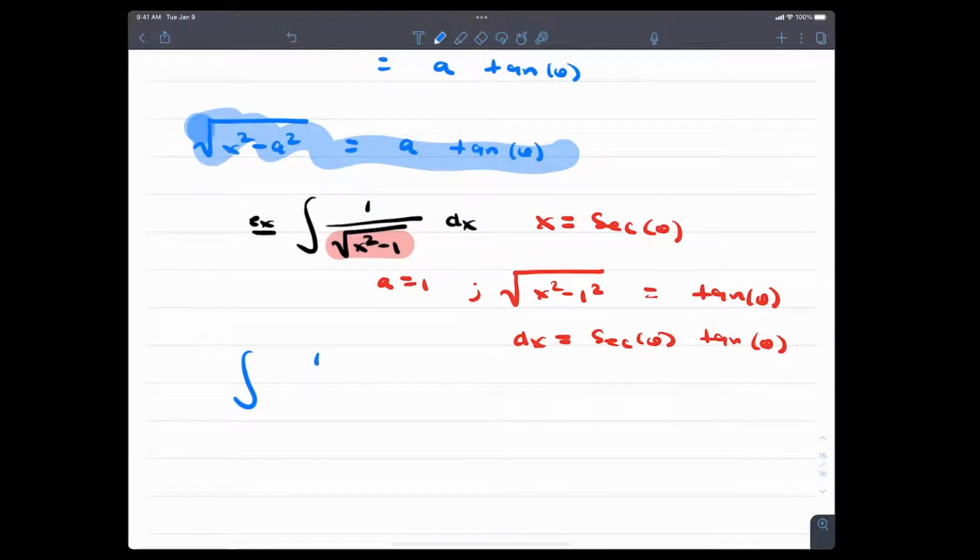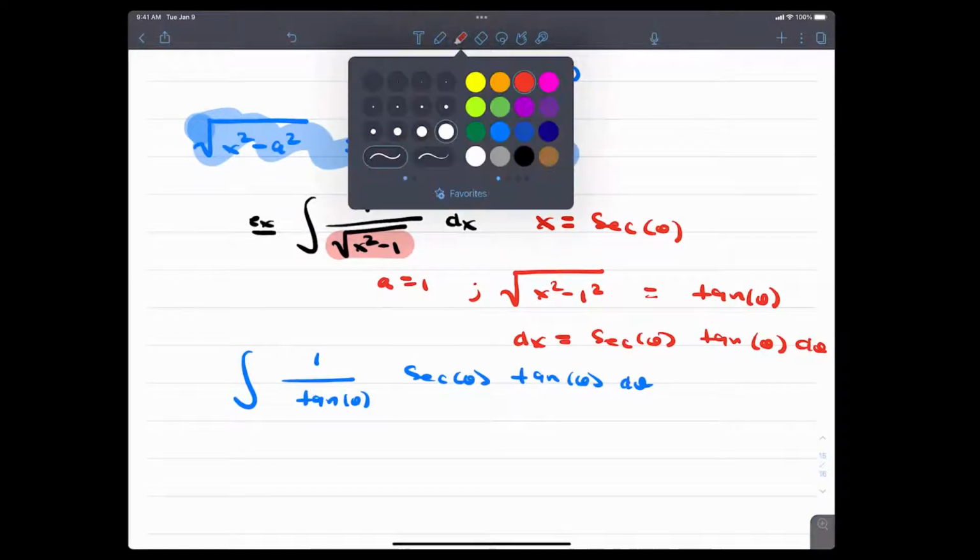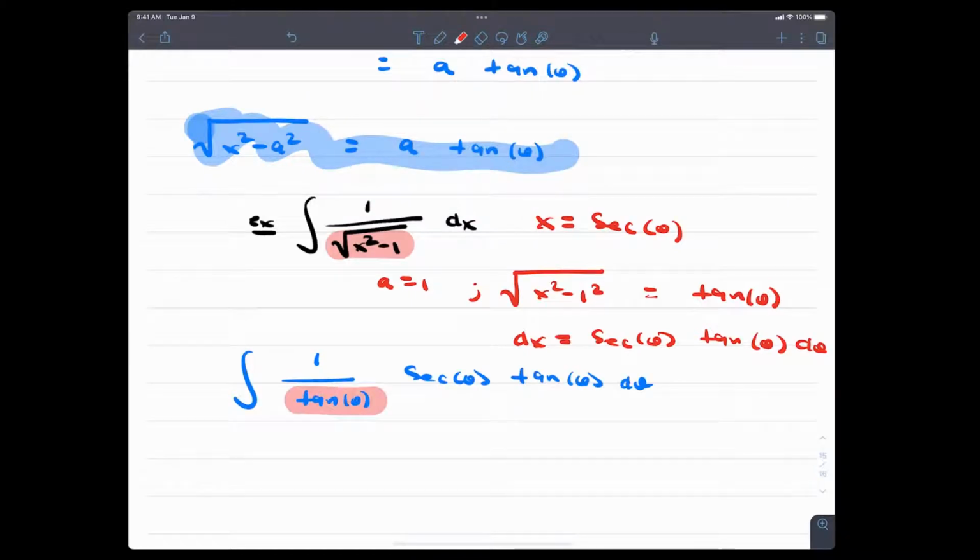So 1 over the radical, that's tangent theta. And then what's the dx? Secant theta, tangent theta. And then don't forget that d theta out here. So we'll color coordinate this. This is red, and this will be the gold or brown. There you guys go.